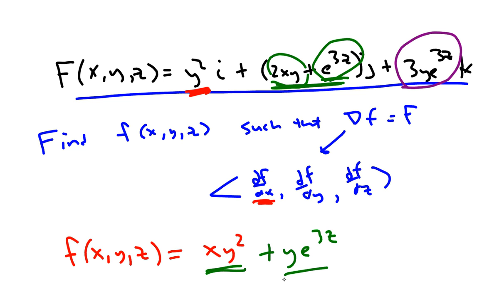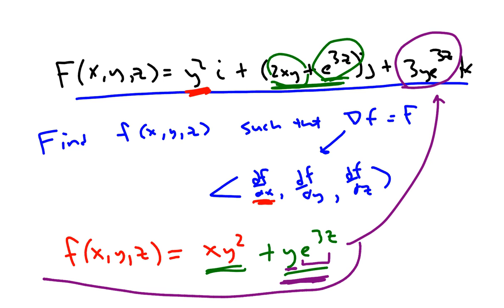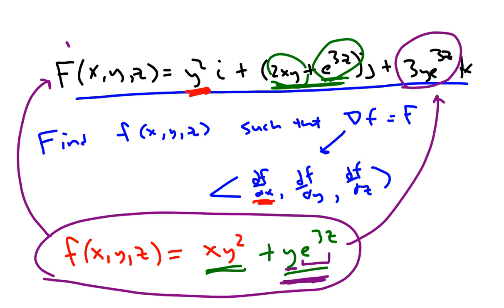But sure enough, if you take the derivative of this term I'm underlining at the bottom with respect to z, the y is just a constant hanging out there, and the derivative of e to the 3z is e to the 3z times 3, if you multiply by the derivative of the exponent. That's exactly the term you have up here. So this thing here is the scalar function that has a gradient of this vector field.